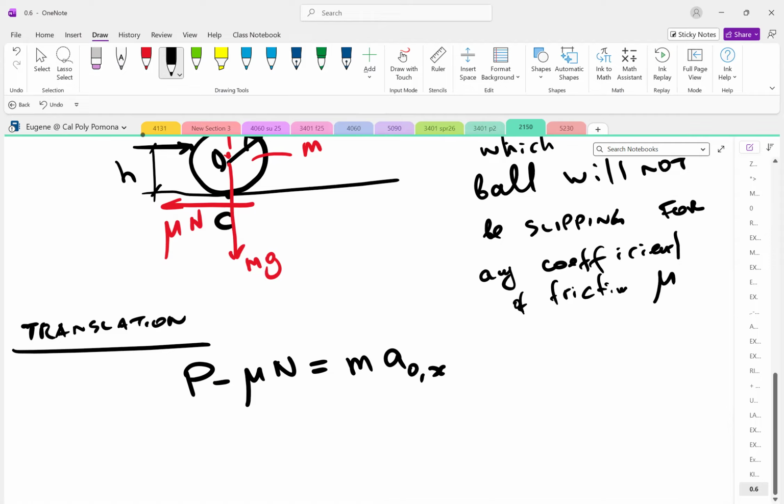O is the center. In the vertical direction, N minus mg equals m a O in the y direction. Well, the acceleration of point O in the y direction is obviously 0, right?